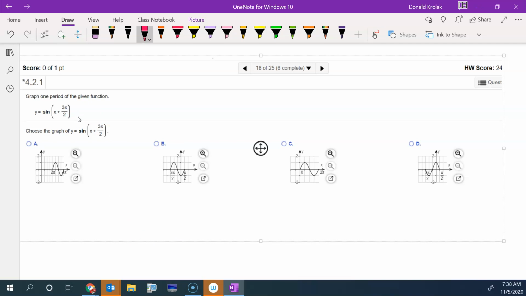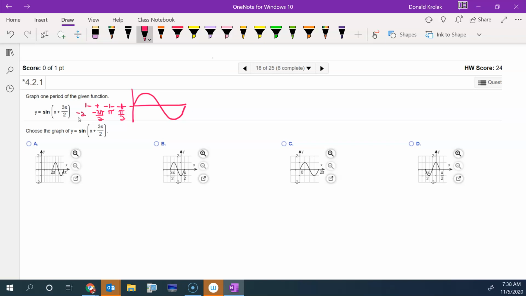Okay, so we're looking for a sine graph that moved to the left. So here's your regular sine. So this graph has moved to the left 3 pi over 2. So, when we do our graphs, the first mark is pi over 2, then pi, then 3 pi over 2, and then negative 2 pi. Those are our 4 sections.